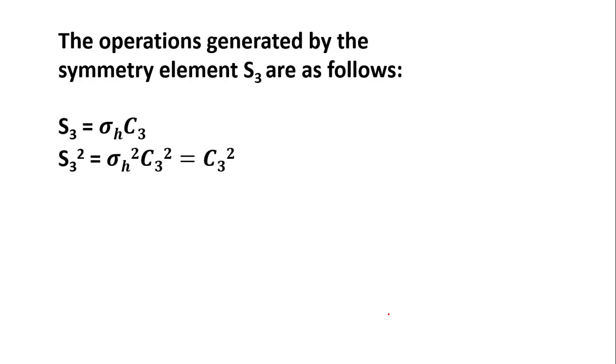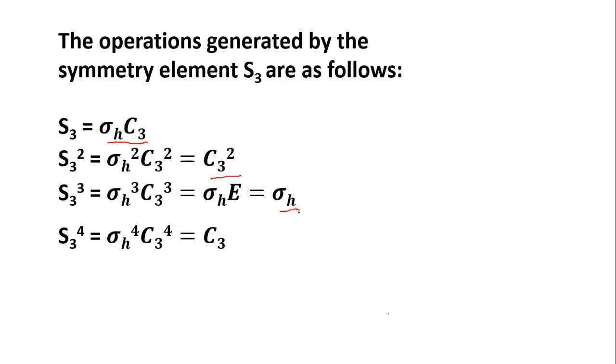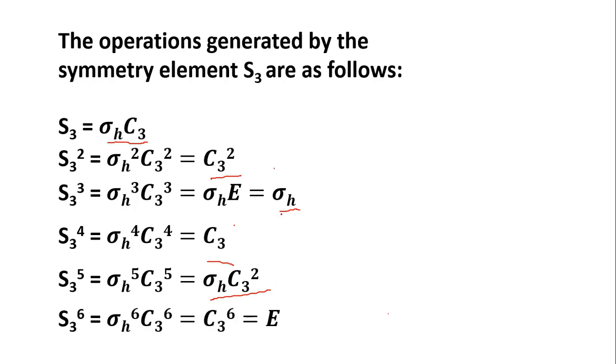S3 square is same as C3 square, S3 cube is sigma h, S3 power 4 is C3, S3 power 5 is sigma h C3 square, and S3 power 6 is E. So instead of writing this as S3, S3 square, S3 cube, S3 power 4, S3 power 5 and S3 power 6, we can very well write it like this.